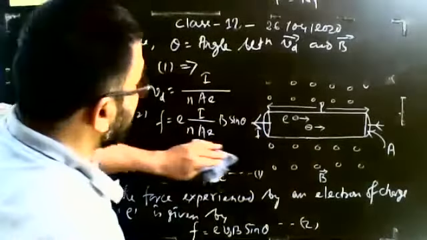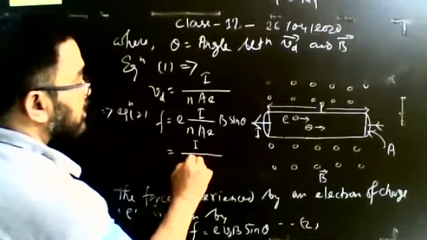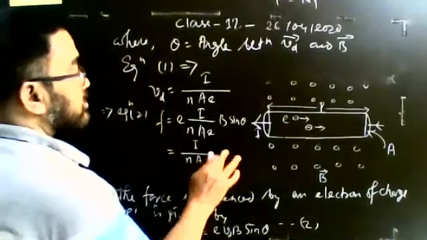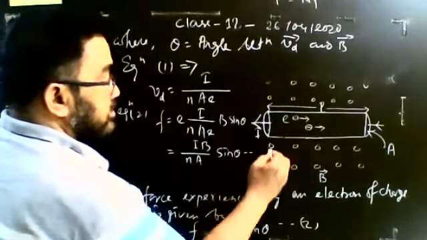So e will be cancelled, and F = I / (n A) B sin theta. So equation number 3.